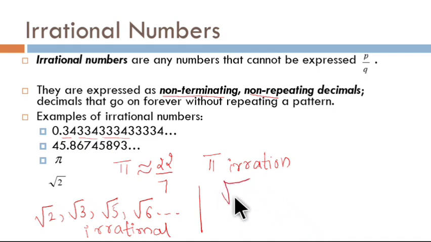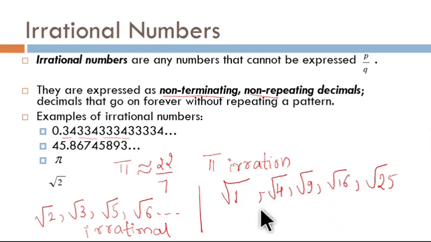For example, 1 square is 1, 2 square is 4, 3 square is 9, 4 square is 16, 5 square is 25. So if you take the square root of the perfect square numbers, these are rational. Square root of a perfect square number is rational. Square root of a non-perfect square number is irrational. So these are the different classifications of numbers.